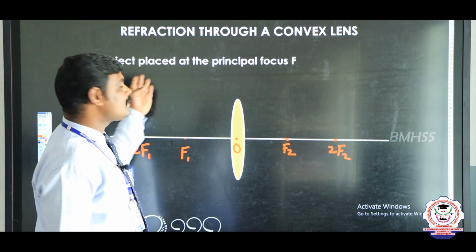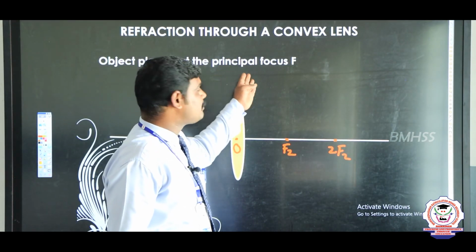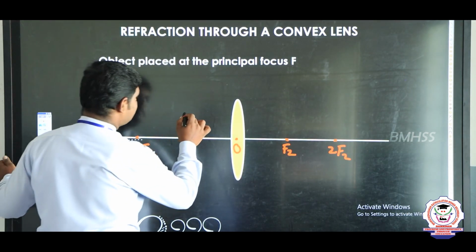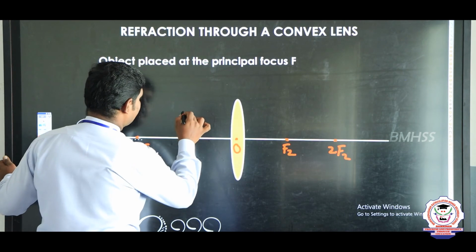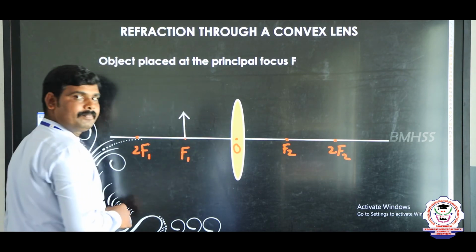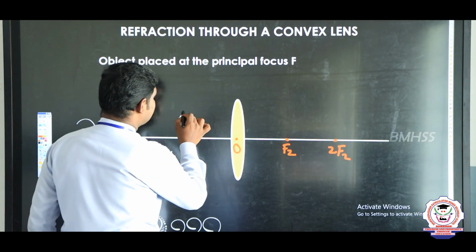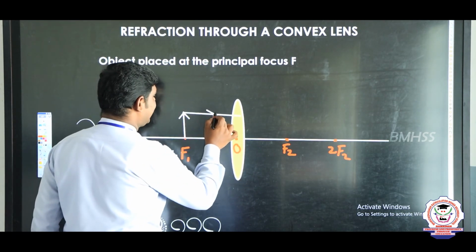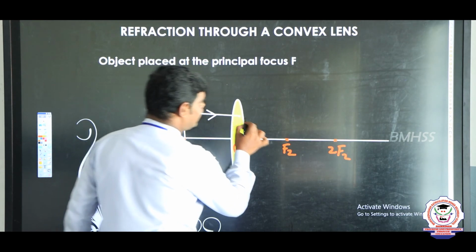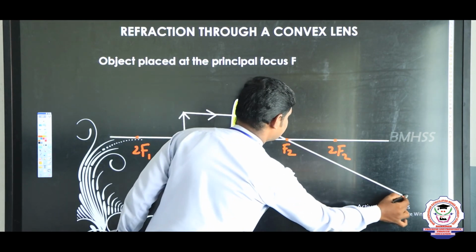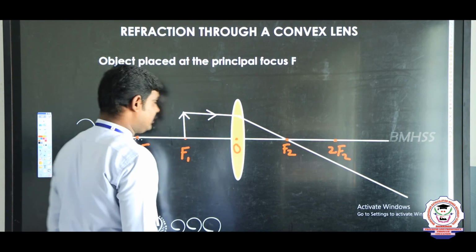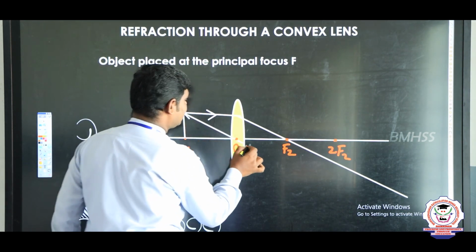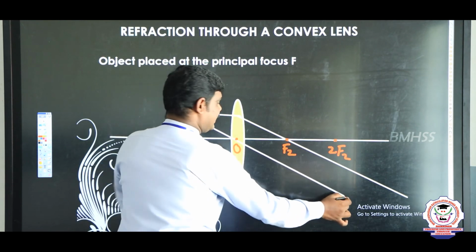Next, the object placed at the principal focus F. Now I place that object at F1. The first line is parallel to the principal axis. After refraction, it passes through the focus. Then one more line comes from that object, passing through the optic center.